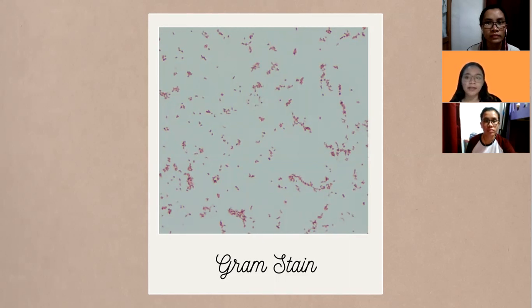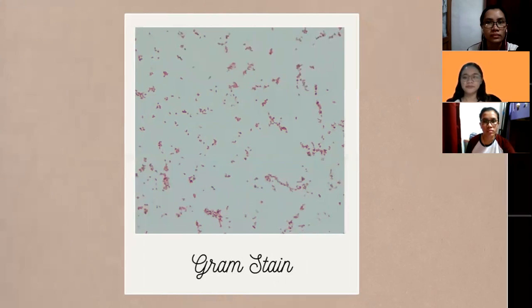However, gram-negative bacteria lose the primary stain due to the large amount of lipopolysaccharide in their cell wall. As you can see, it shows gram-negative bacilli, so it is red. That's all for laboratory identification.